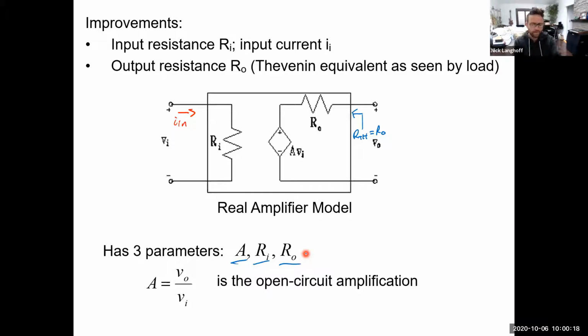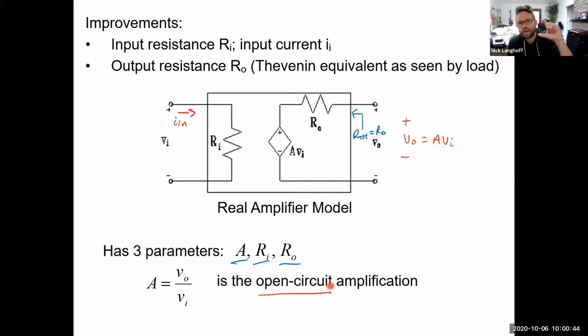A is the open circuit amplification. So if we look at that, and this is V out right here, V out, or VO, is equal to A times VI, right? That's fine, but that's only when the system is run open circuit, right?